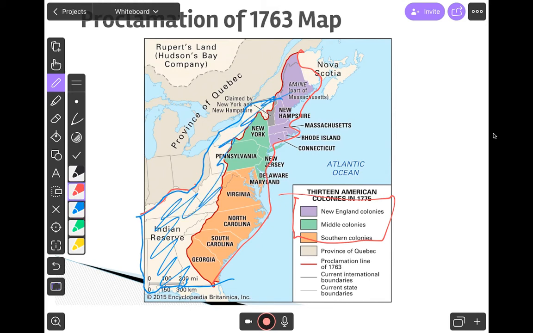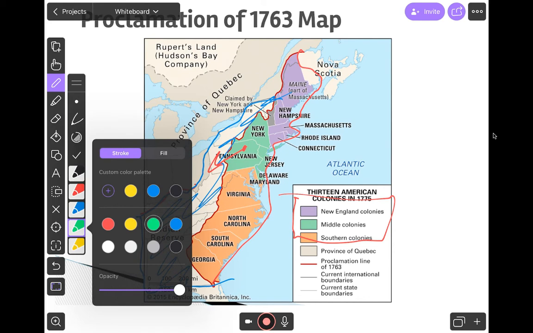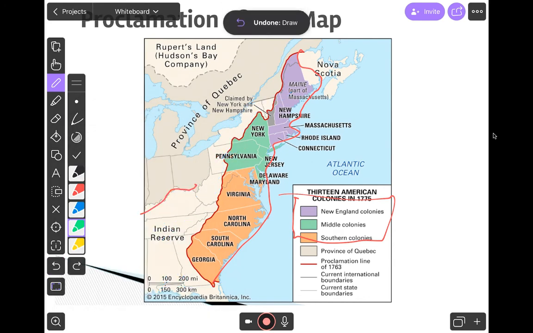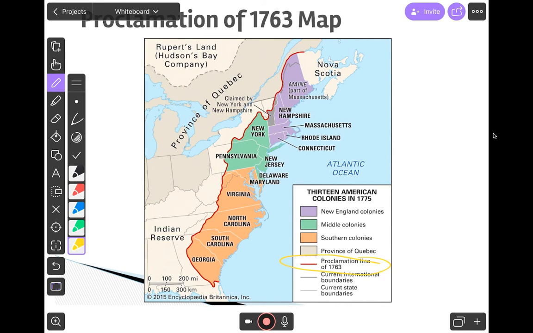And the colonists who live, let's say if I'm living in Pennsylvania right here, and I helped fight in the French and Indian War, I hear this news as great news. I can now move into this land out here. What the Proclamation of 1763 does, though, is it bans that movement. I'm going to show you that line. If we look at the key, the Proclamation line of 1763 is this red line.